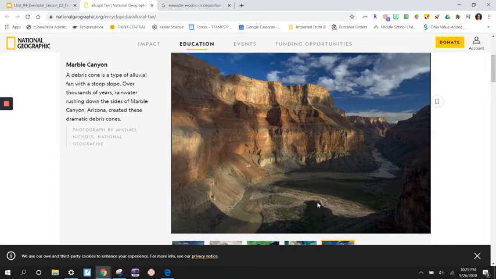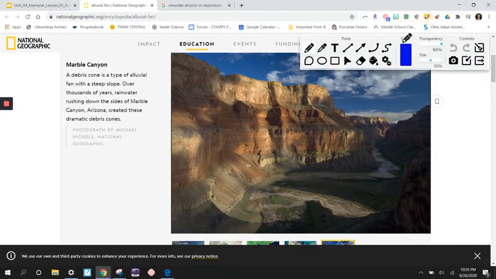Over thousands of years, rainwater rushing down the sides of a canyon, like this one here in Marble Canyon, or you may see these also in the Grand Canyon, or in that Washington Canyon, the Yakima River Canyon, created these debris cones. So let me point out to you one of these debris cones. This kind of cone shape right through here, the debris that you can see, these are those debris cones, which are types of alluvial fans.